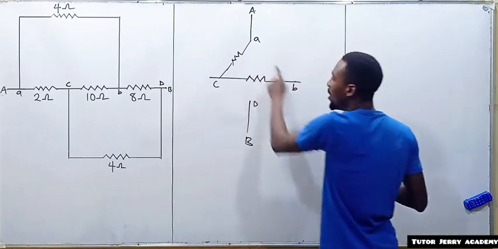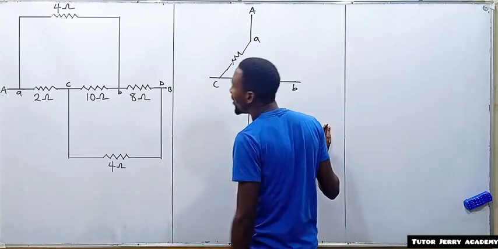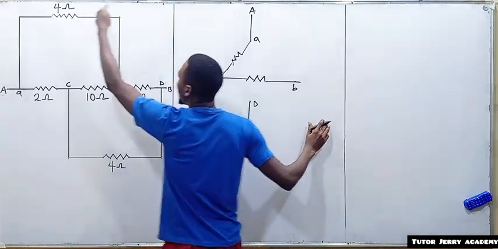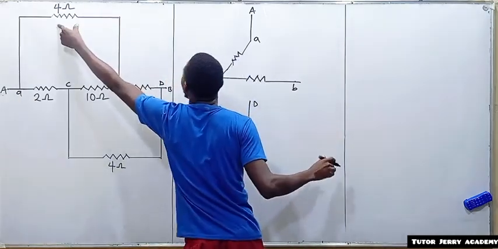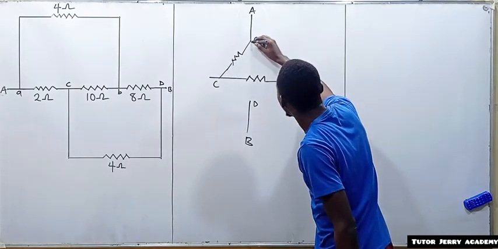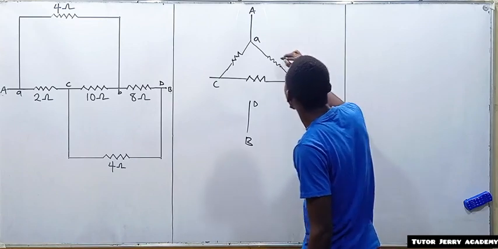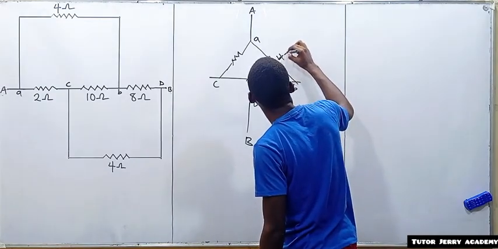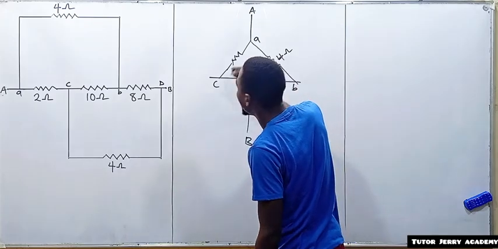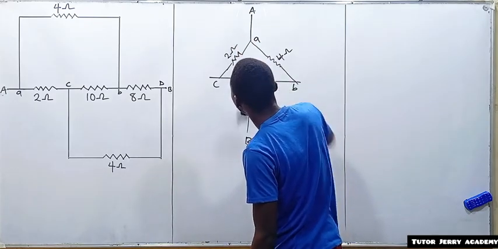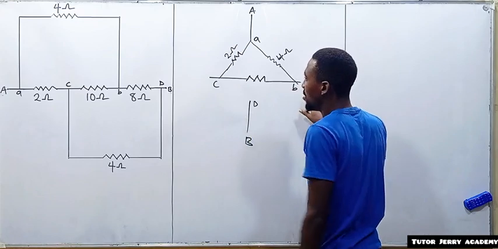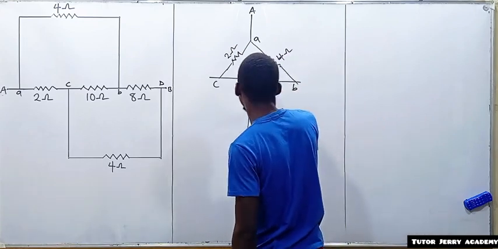And we have AB. So look at this. Our AB here is going to be 4 ohms. All right. So we are going to have 4 ohms here. And AC is 2 ohms. And CB is 10 ohms.